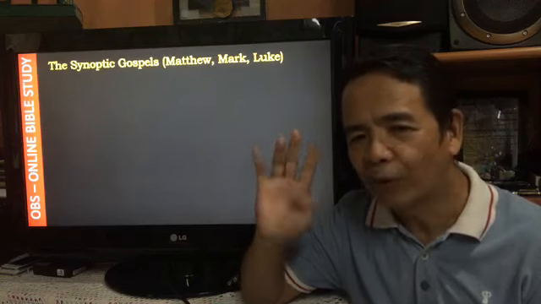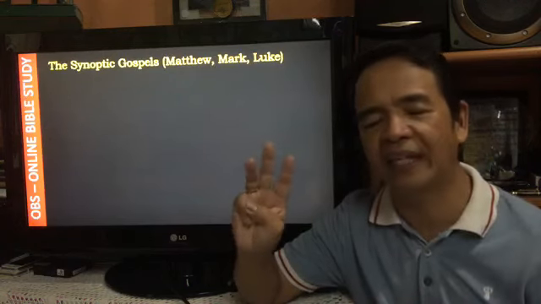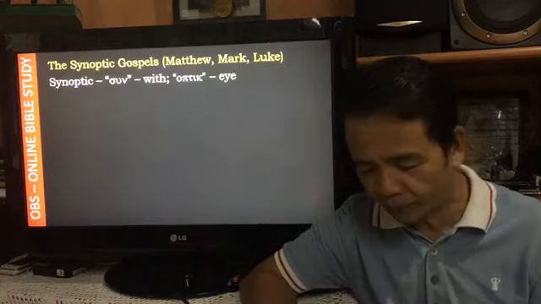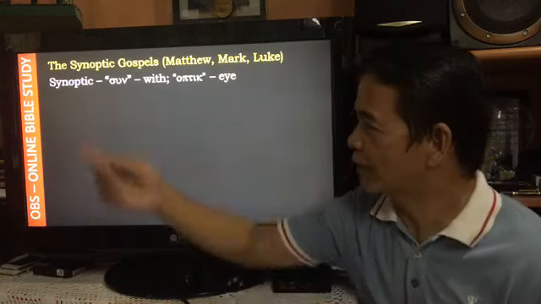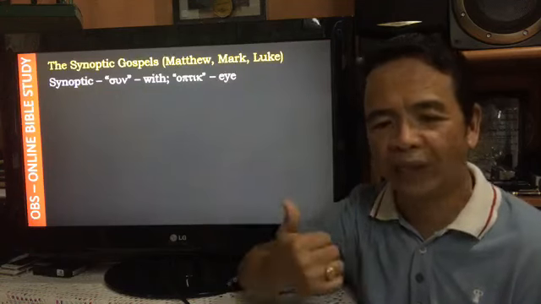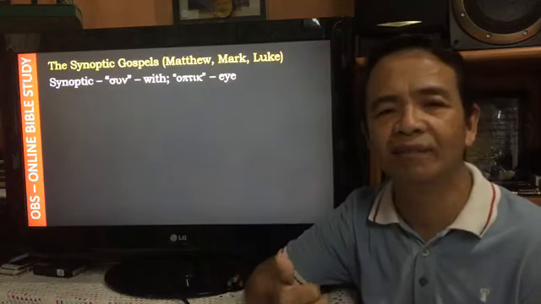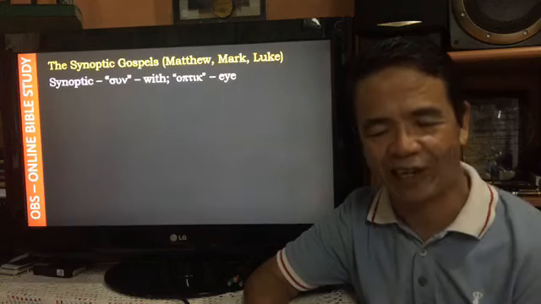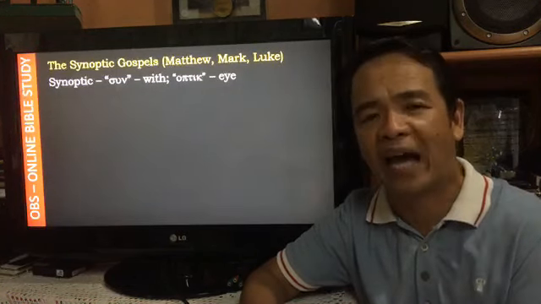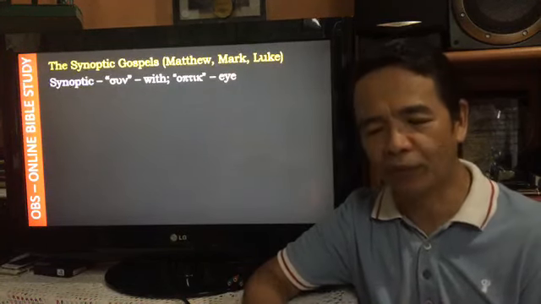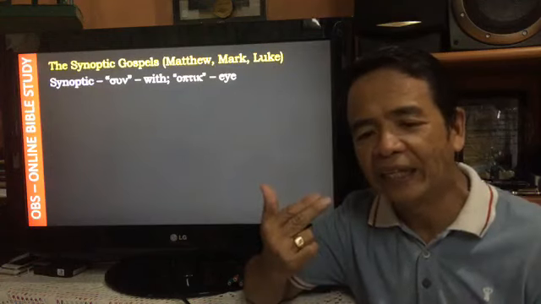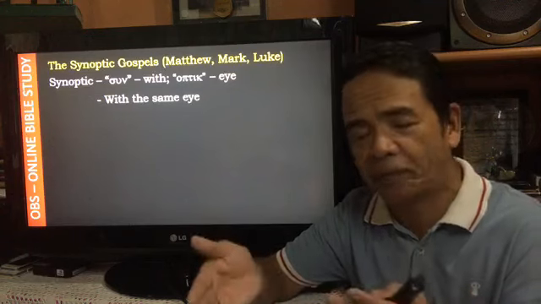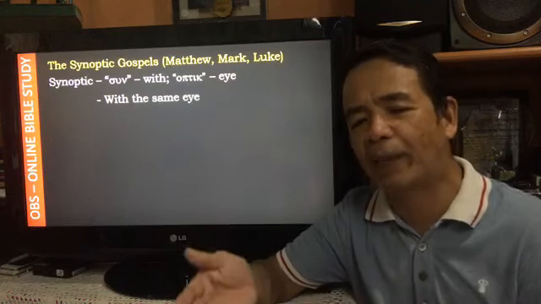It was called synoptic because it comes from two Greek words, sun, which is with, and optic, where your optical, ophthalmologist, opta comes from, with eye. So thus, synoptic gospels could mean with the same eye.